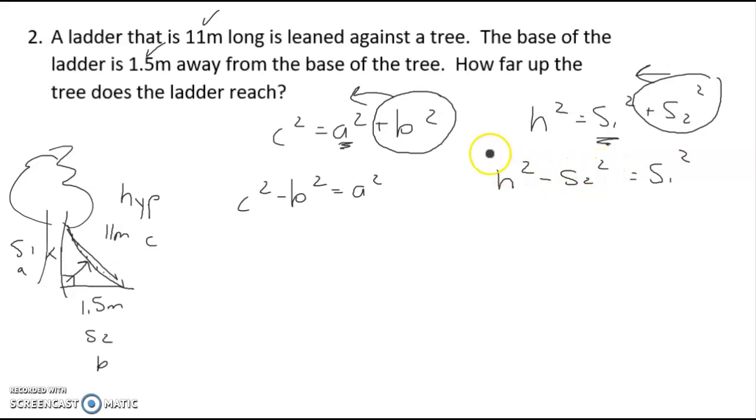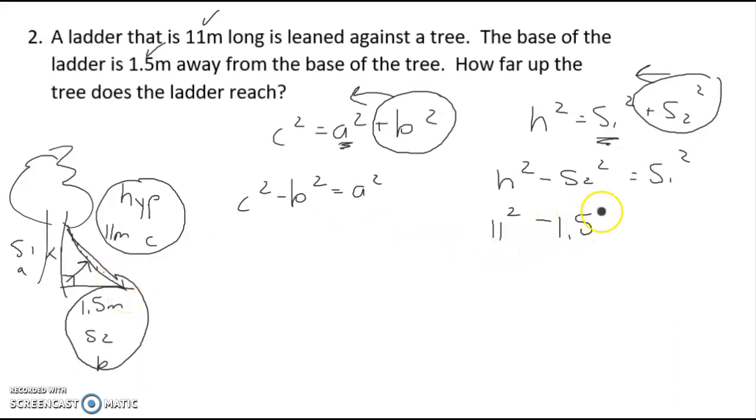And then we fill it in. I'm going to do the hypotenuse one. So I'm going to have 11 squared, that's my hypotenuse. Side 2 squared is 1.5, so minus 1.5 squared equals side 1 squared. Now 11 squared is 121.